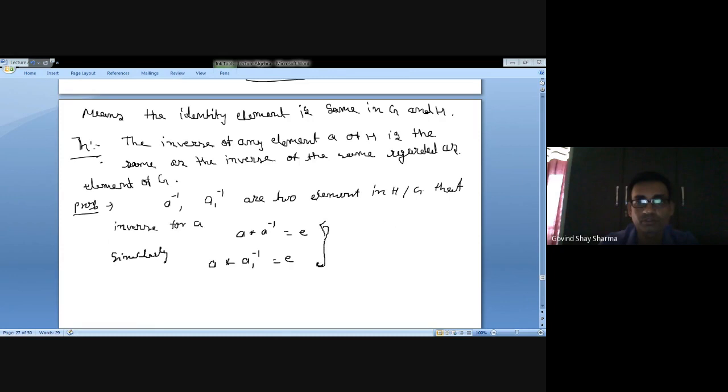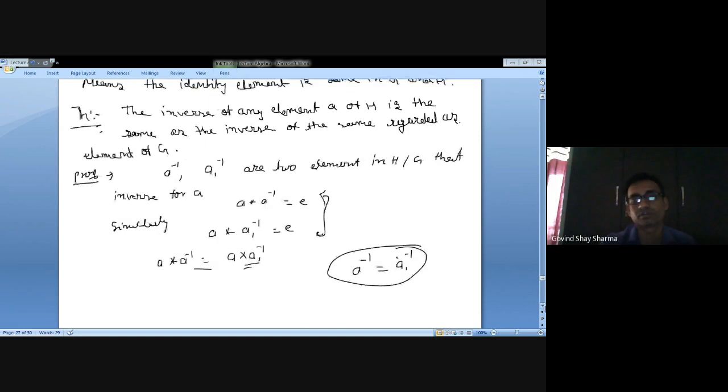Both equations' right hand sides are the same, so we can write A star A inverse is equal to star one inverse. So A inverse. You try it yourself. This is a hint for you. As per the above question you prepare, and I think you can do it easily.